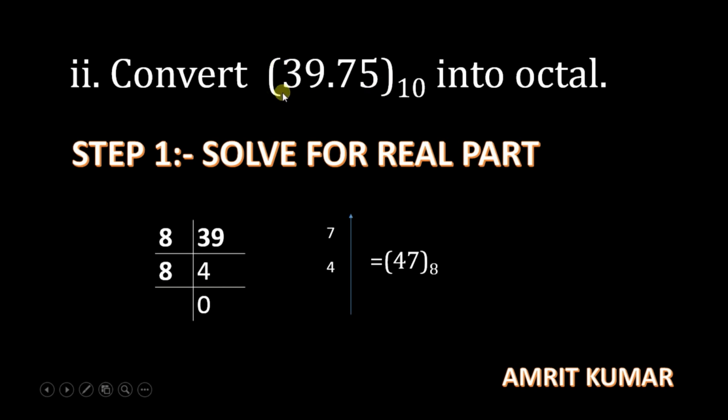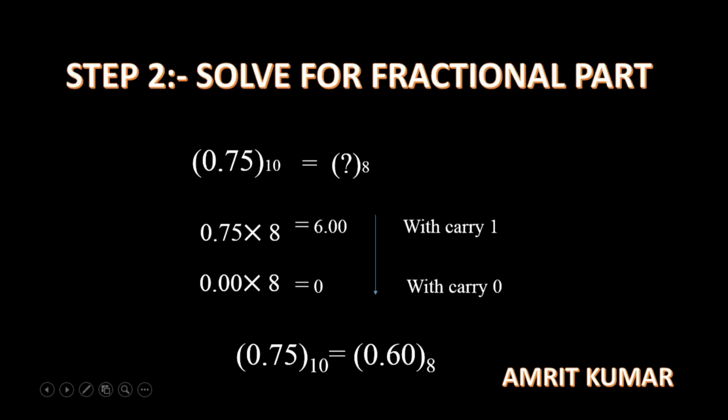Our second step says to solve for the fractional part, and we know the fractional part is 0.75. This is the decimal number that I have to convert into an octal number.